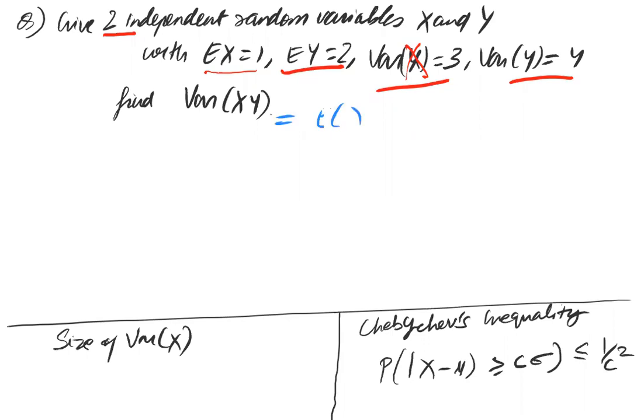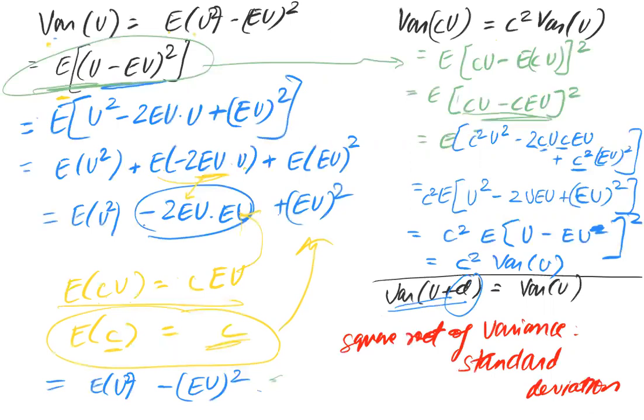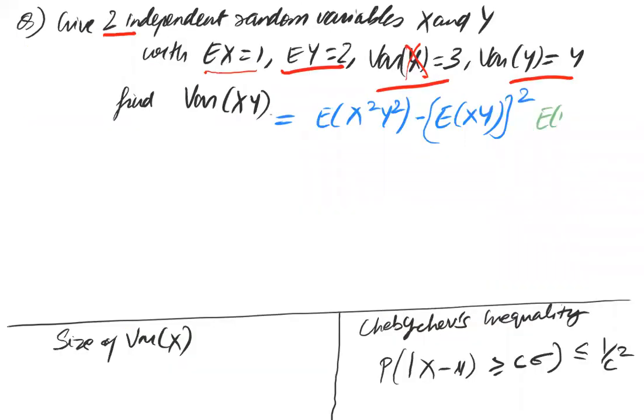So this goes as E of X^2 Y^2 minus E of XY the whole square. Can you write this down? This is E of U^2, this is essentially E. Oh, okay, I missed this. Where is it? Yeah.